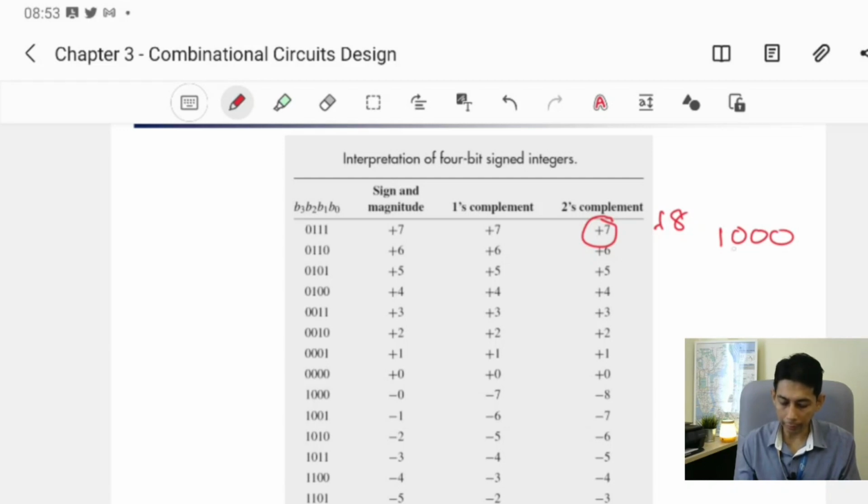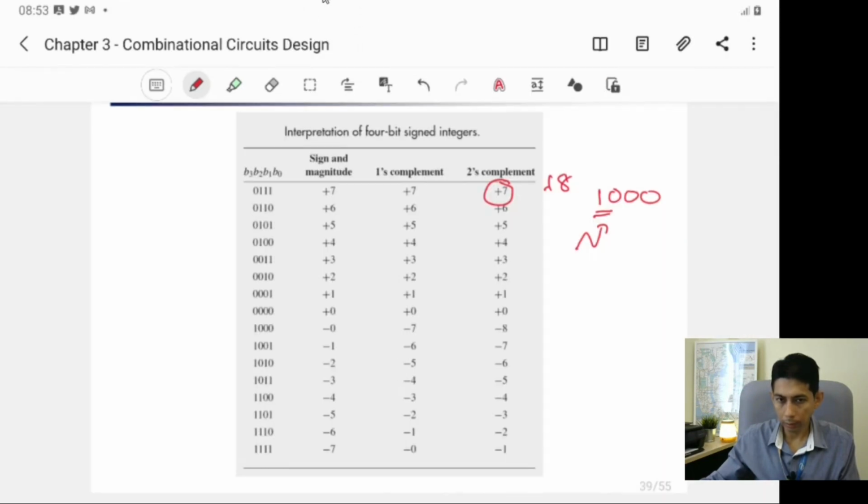When we look at the sign bit, now the MSB is the sign bit. So this indicates that this is actually a negative number. So we cannot use 1000 to represent 8 in the 4-bit system. If we look at this table, here 1000 is actually minus 8 in digital system.